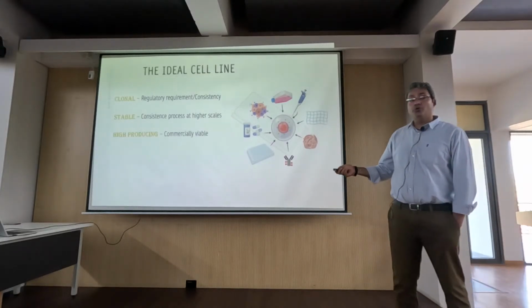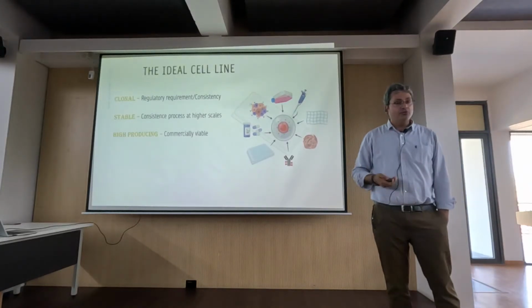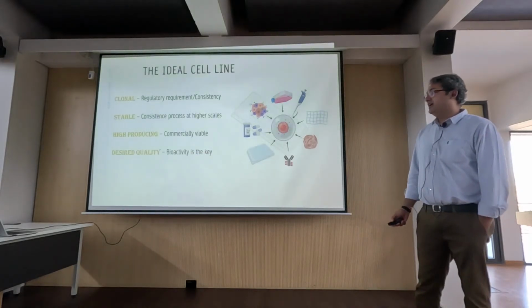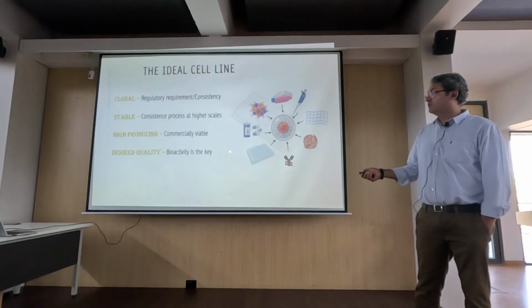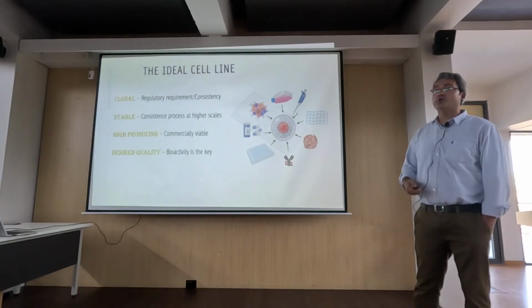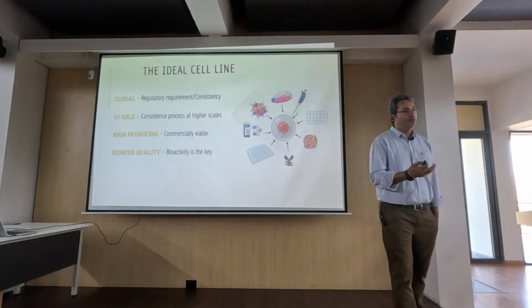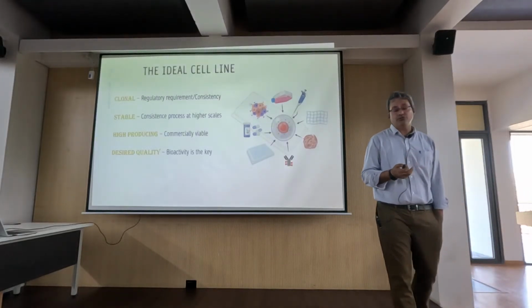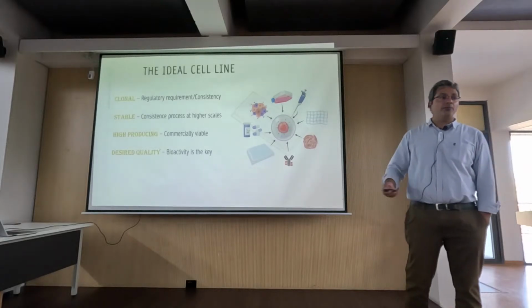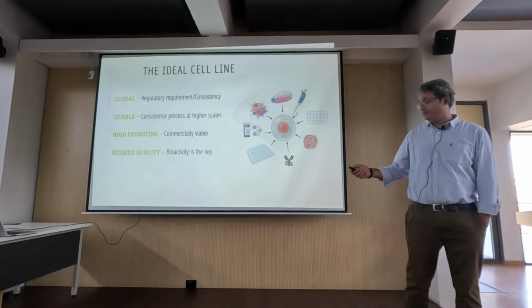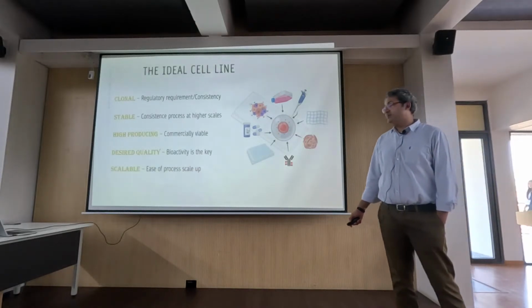It has to be highly producing because every company wants a commercially viable product, with the desired quality. This is one of the most important aspects. If you are producing a monoclonal antibody and it does not have the right kind of post-translational modification or refolding, it may not have its proper bioactivity. So quality is most important, and it should be scalable.